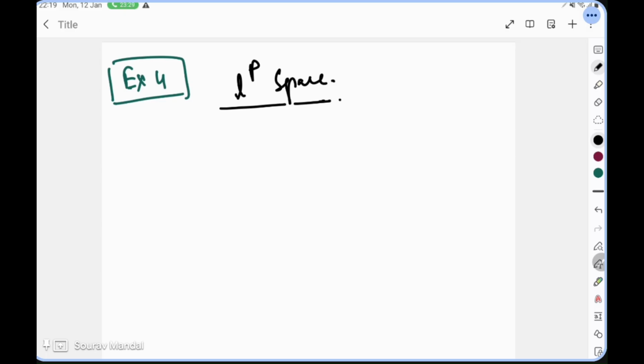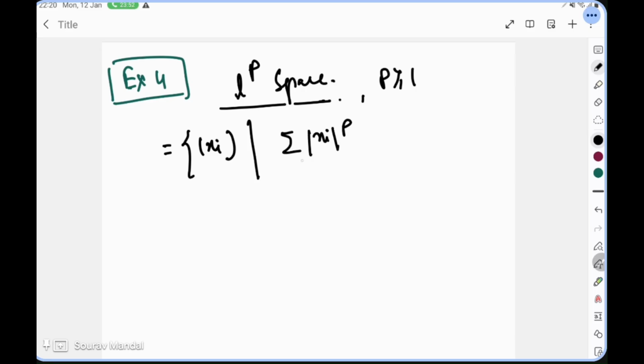Can you tell me? It is also a collection of sequences, where p is greater than or equal to 1, and it is the set of all sequences such that the series of its p-th powers of the absolute values is a convergent series. Okay, so in that space we are defining some metric.